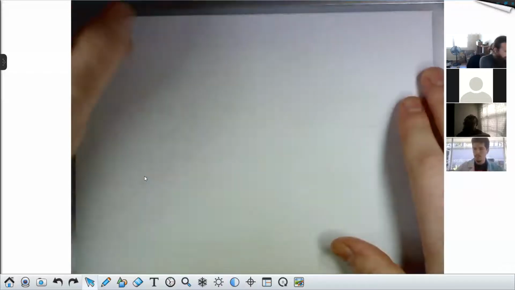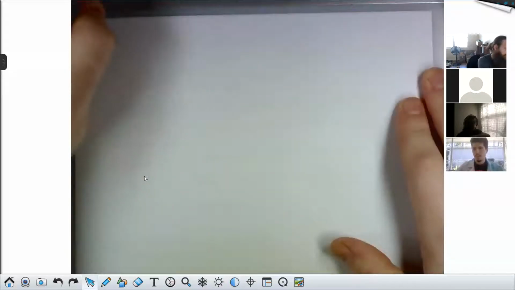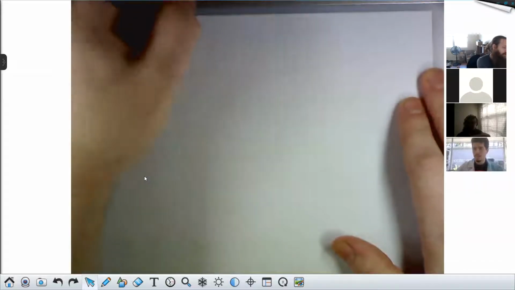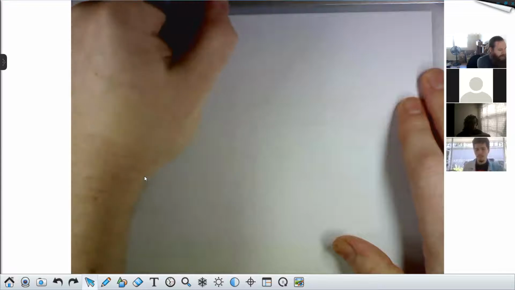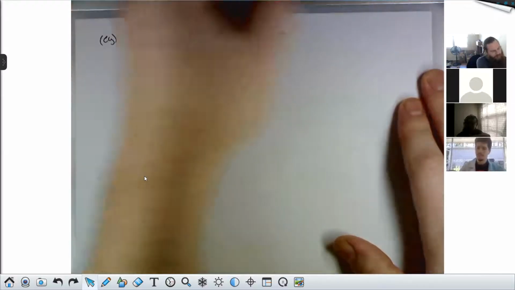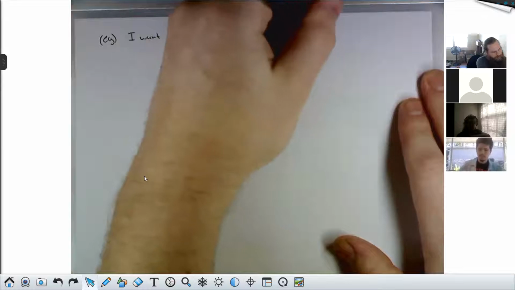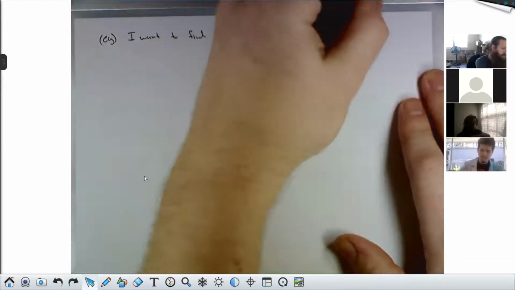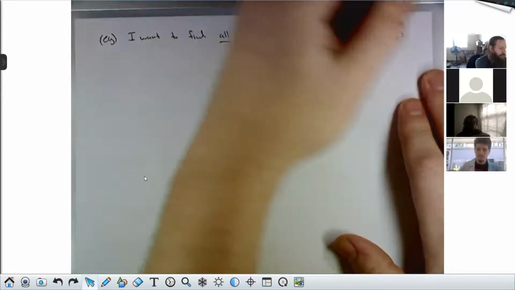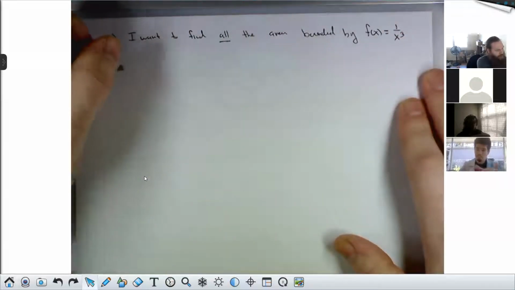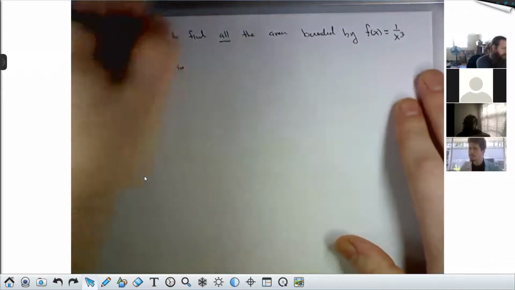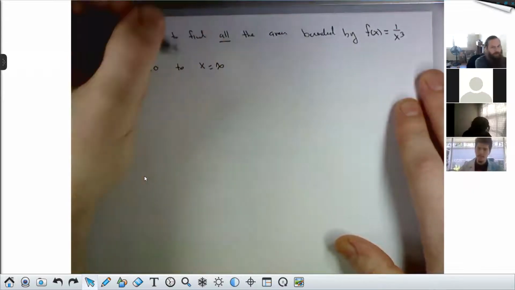So imagine I want to find all the area bounded by f of x equals 1 over x cubed from x equals 1 to x equals infinity.